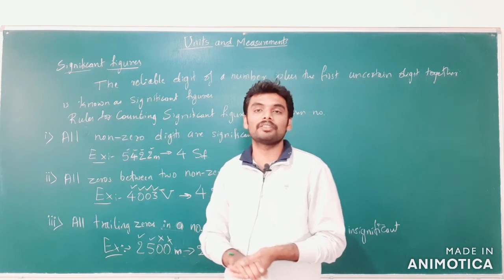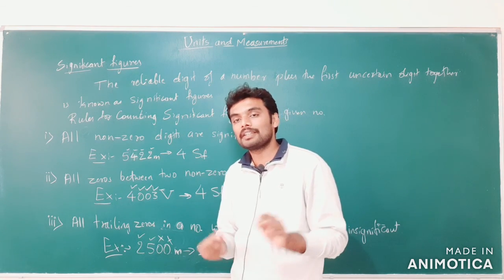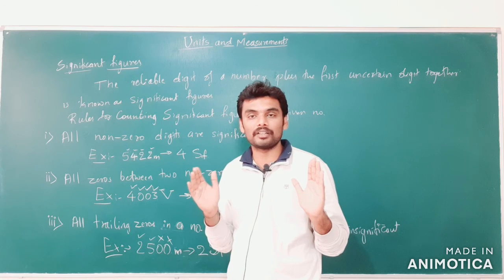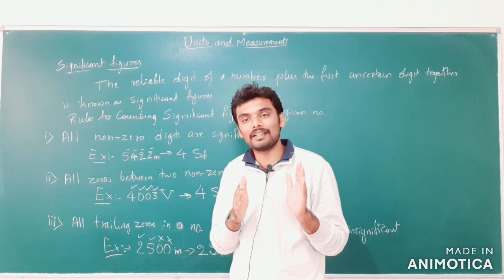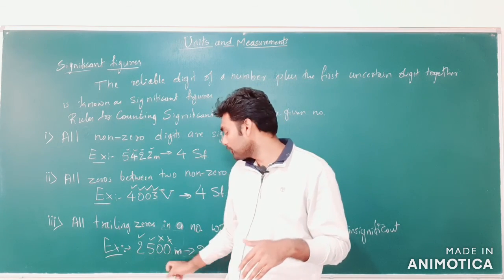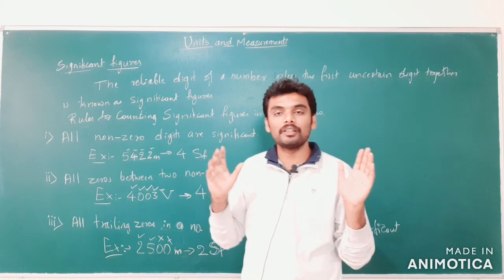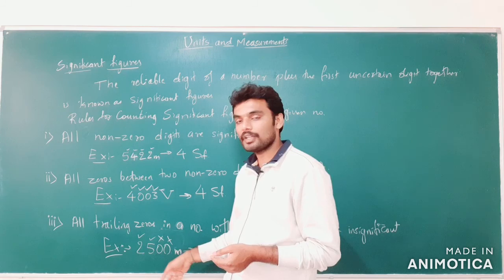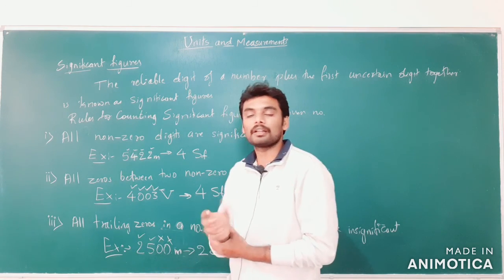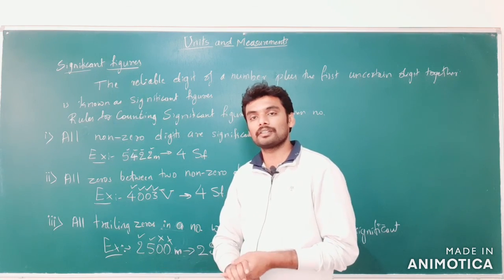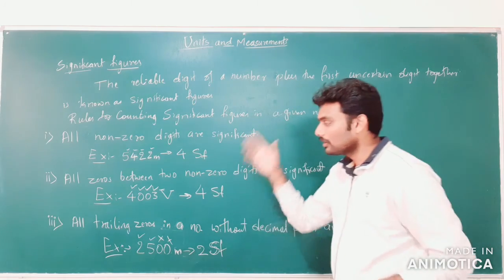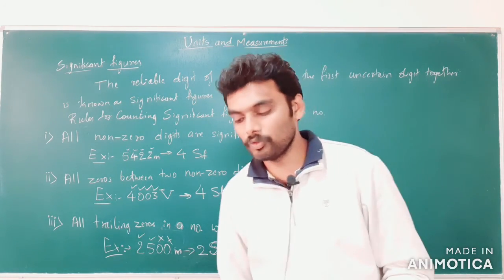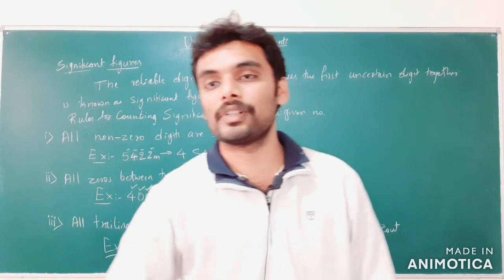What matters is it can measure at least 1 meter, not less than that. So the least count of this measurement is 1 meter. We can have the idea of that using only these two digits. That is why these two digits are considered to be insignificant. So these are the three rules. There are a few more, we will see those rules now.